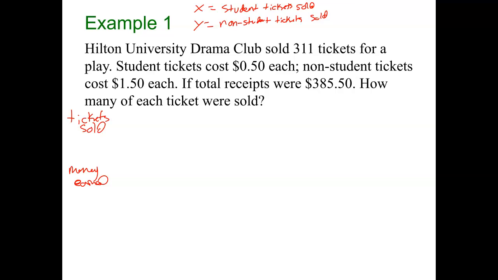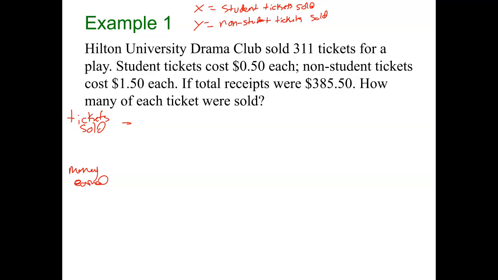Alright? Tickets sold. If I have a certain number of student tickets sold and I have a certain number of non-student tickets sold, how would I find that total amount? I would add it up. I say, hey, I have X number of student tickets, I have Y number of non-student tickets. I want to add those together to get my total.